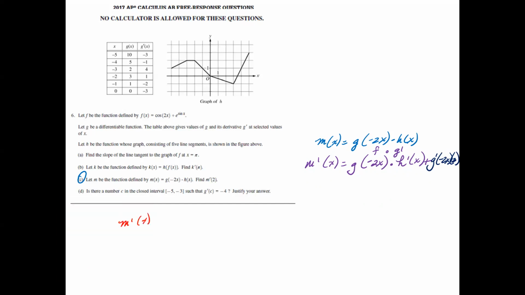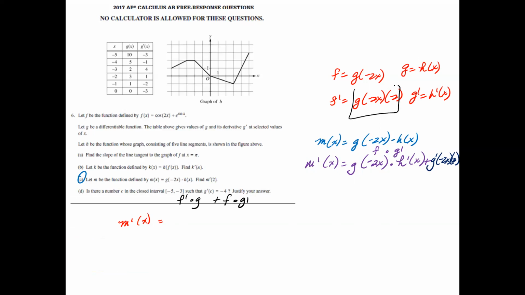M prime of x equals, let's say f is going to be equal to g of negative 2x. F prime is going to be g prime of negative 2x times negative 2. G is going to be h of x. G prime is h prime of x. Okay, so now that I have that, let's go and plug this into f prime times g plus f times g prime.